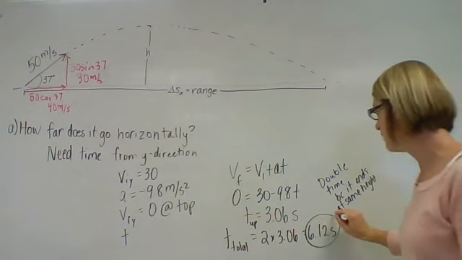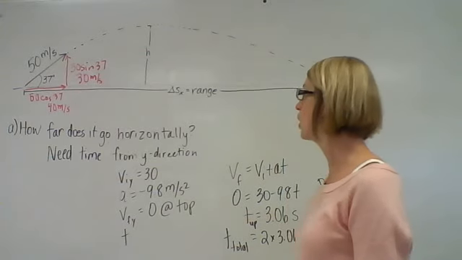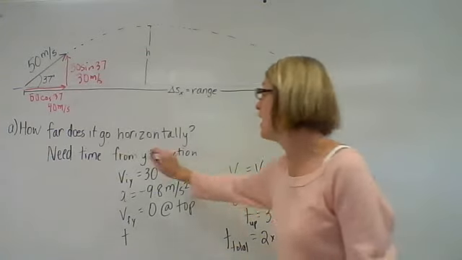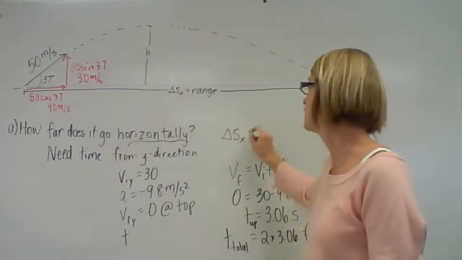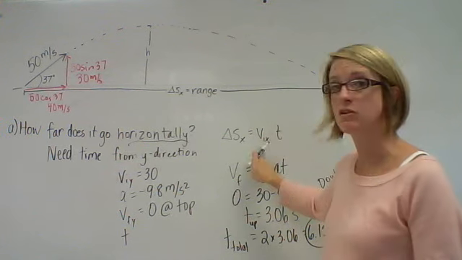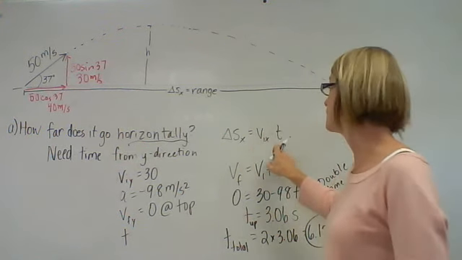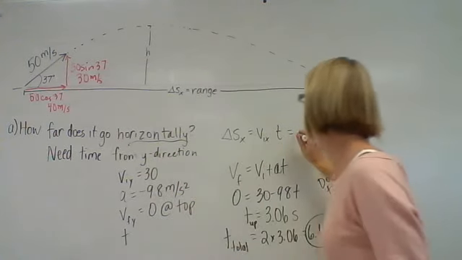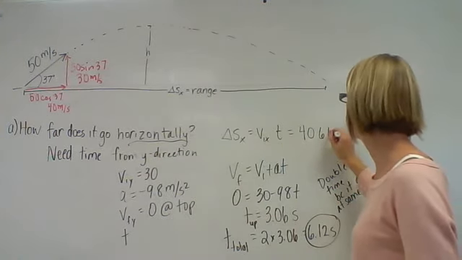So that gave us the time it was in the air, but that's not the end. They didn't ask us for time. They asked how far does it go horizontally. Well, recall, the only equation we have for the horizontal direction is this one. Delta Sx equals Vix times t. Initial velocity in the x direction, because velocity in the x direction is a constant, times the time. So initial velocity in the x direction was 40. Time, we just figured out, was 6.12 seconds.